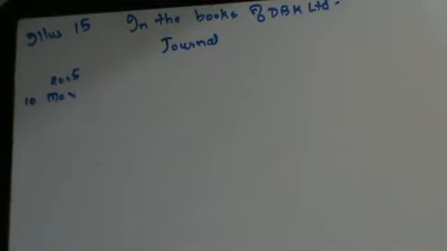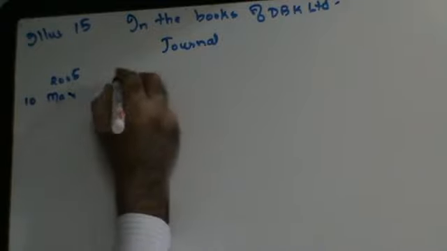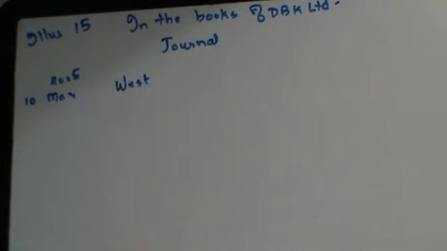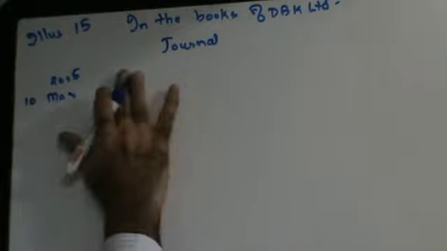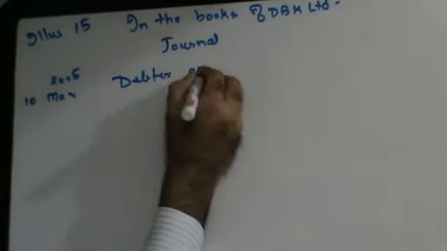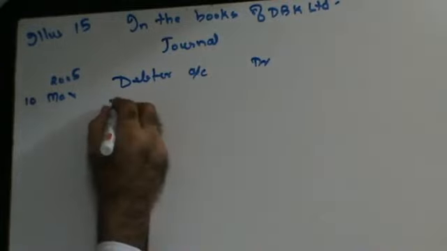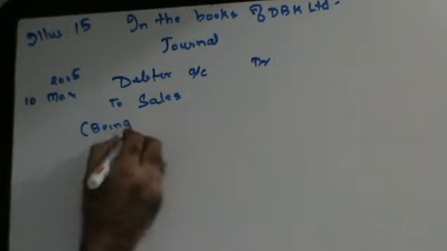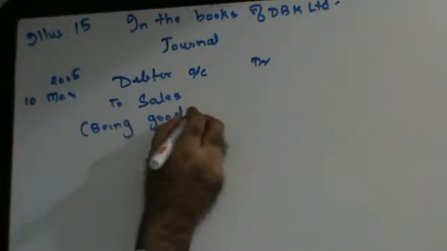You have sold goods, debit the receiver. So you have a West Germany receiver. Either I could write debtor or I could write West Germany. I could write this as debtor account debit to sales, being goods sold.